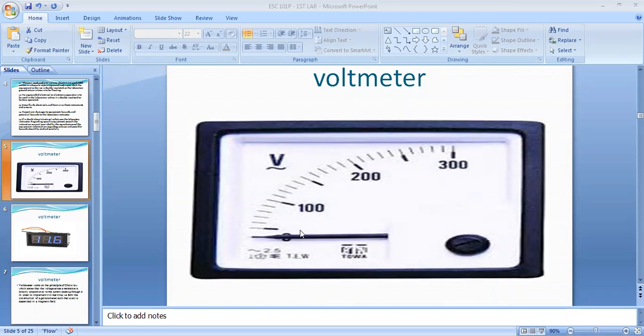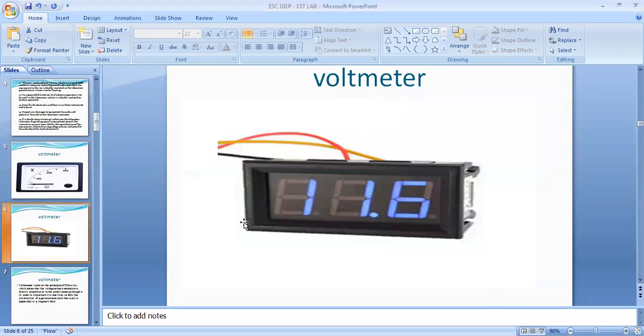Both analog and digital clocks exist. Similarly, we have the voltmeter. This is the digital voltmeter. Please give me 1 second.